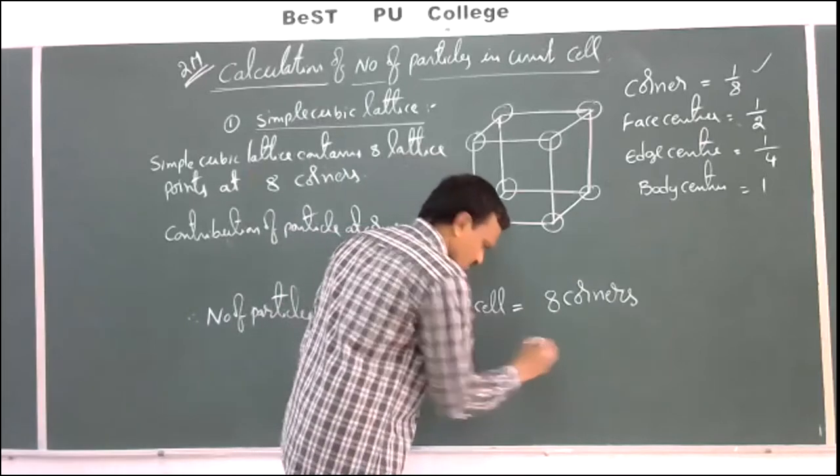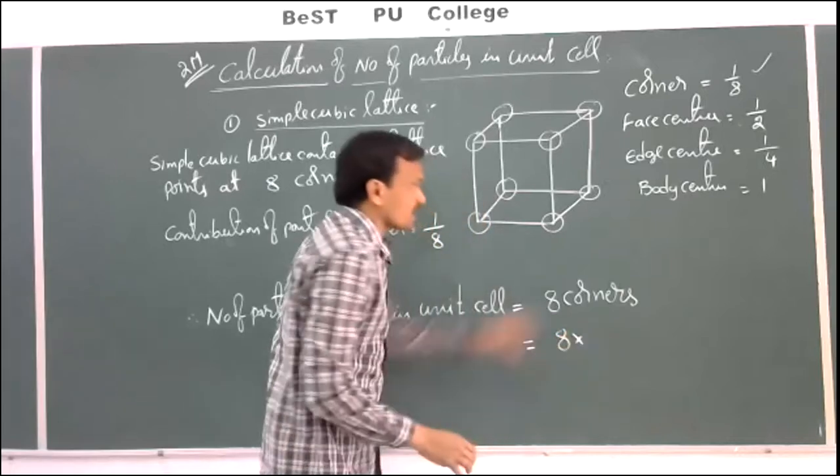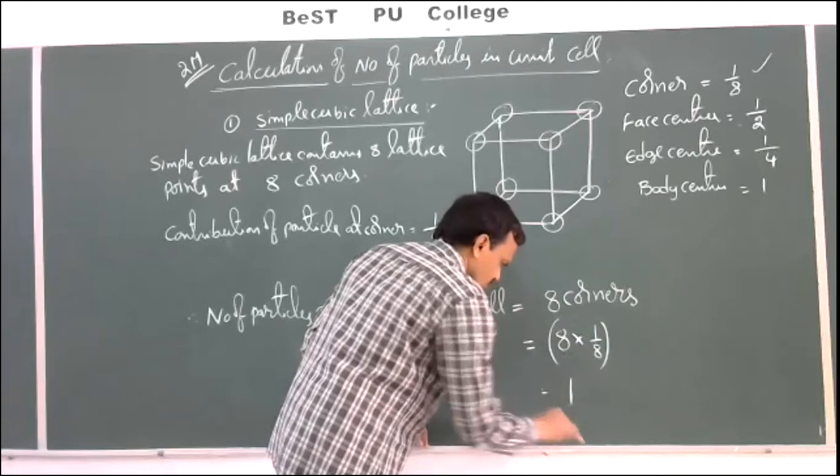So this is equal to 8 into the contribution of the corner, 1 by 8. So this is equal to 1.